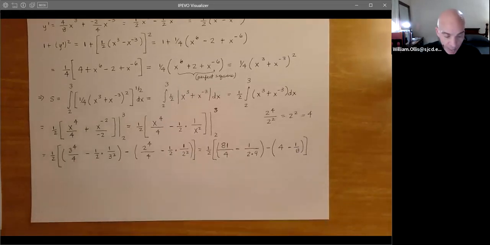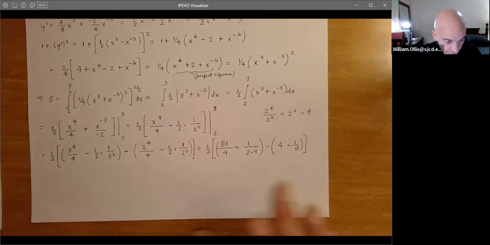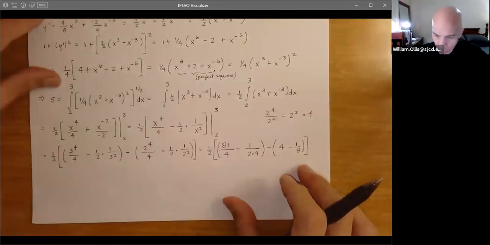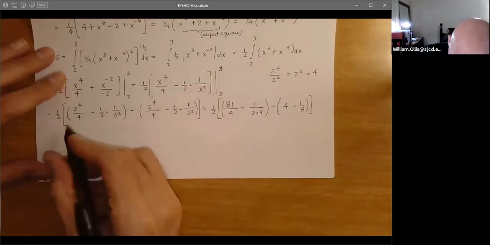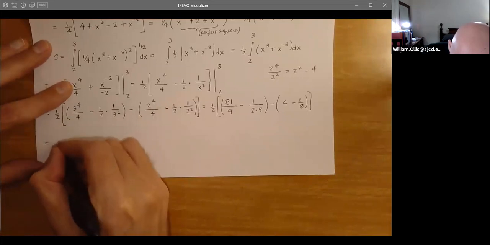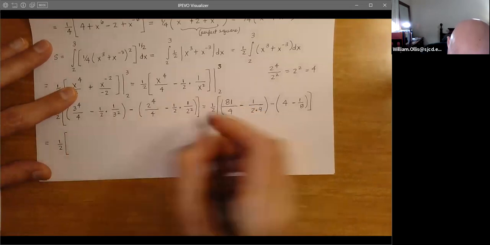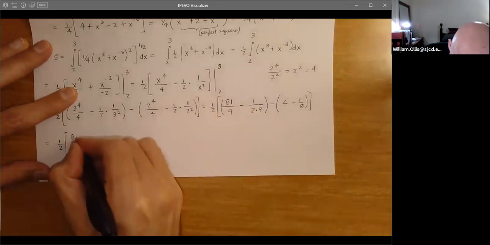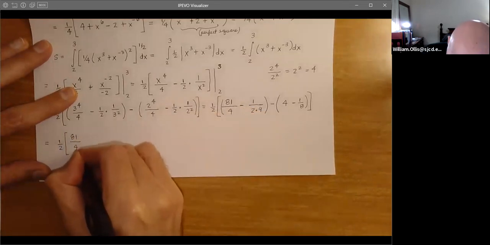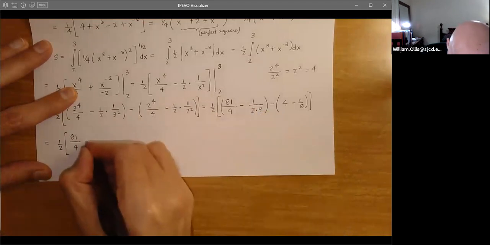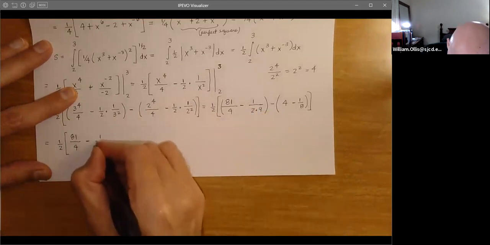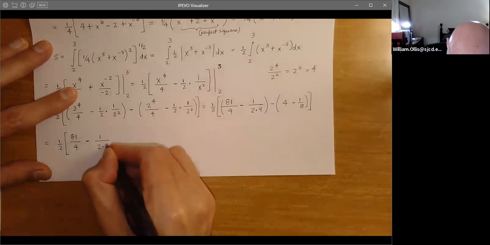Now we want to go ahead and distribute everything. Let me move this up a little bit. So we have 1/2, 81/4. And now we have minus, I'll just leave that alone so we can do our common denominator.